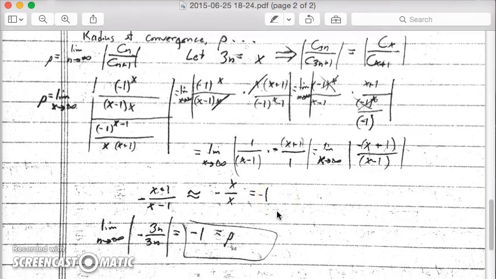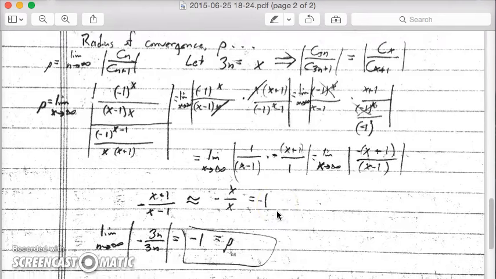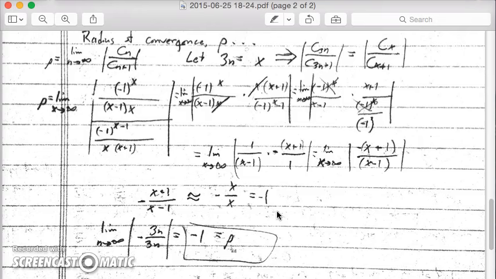And so your radius of convergence would end up being negative 1.